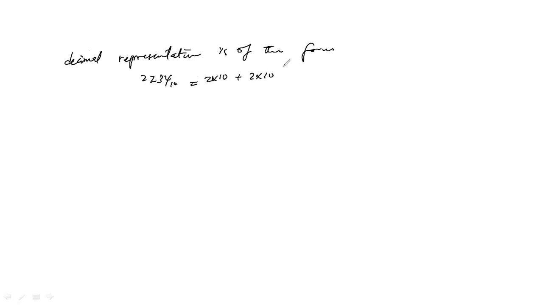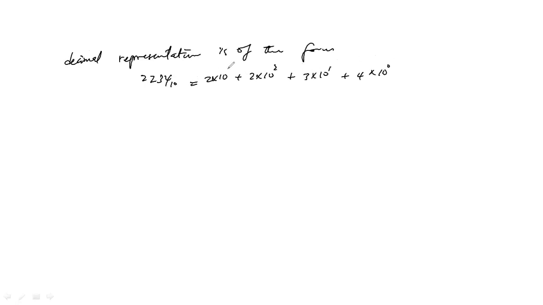So going like this, the decimal representation of the form 2234 base 10, for instance, is the same as 2 times 10 to the power of 3 plus 2 times 10 to the power of 2 plus 3 times 10 to the power of 1 plus 4 times 10 to the power of 0.